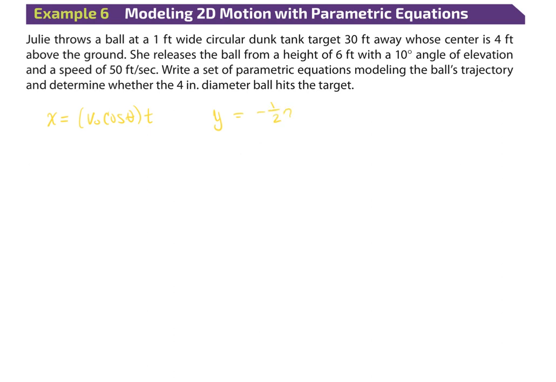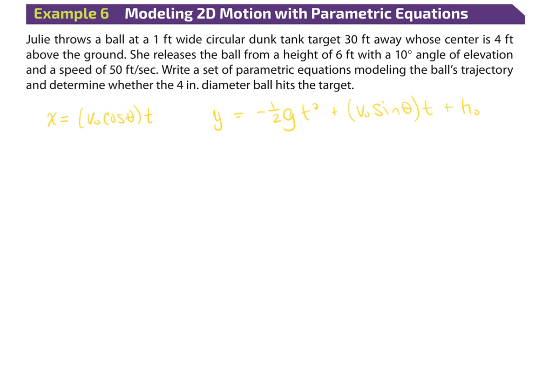We have 1/2 my gravitational pull times t squared, plus my initial velocity, which also should look familiar, my vector sine theta is my y value, times my time. And then we have an initial height. Gravitational pull is 32 feet per second squared for feet, and 9.8 meters per second squared for meters. That's something you just need to know. If you haven't used it enough in physics, you need to memorize that.